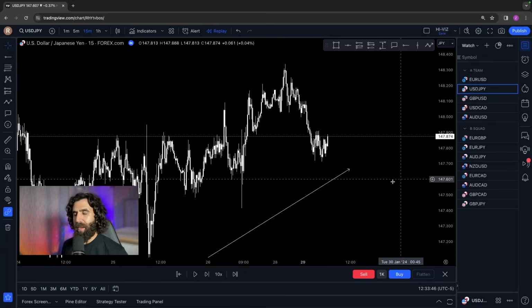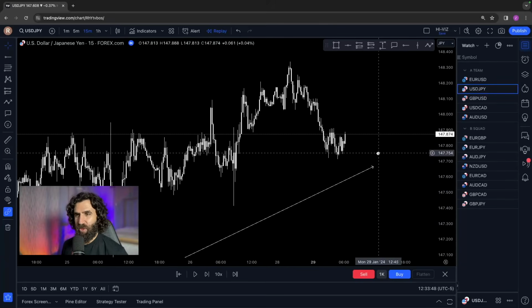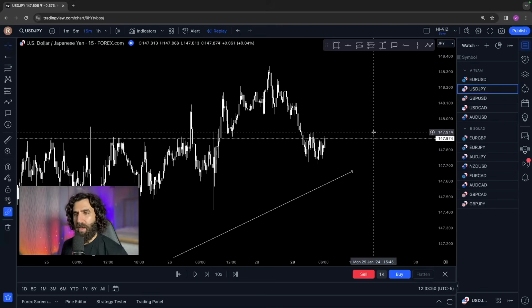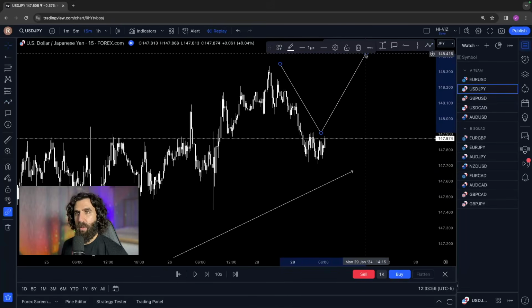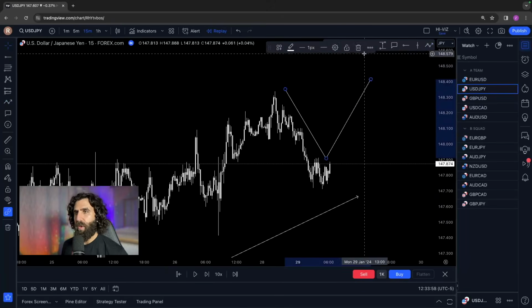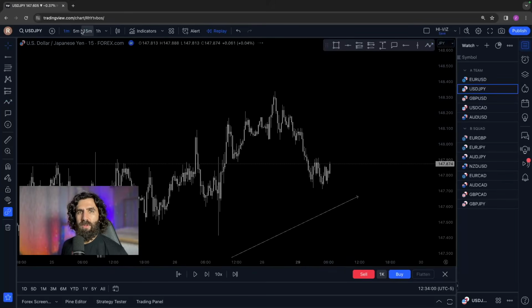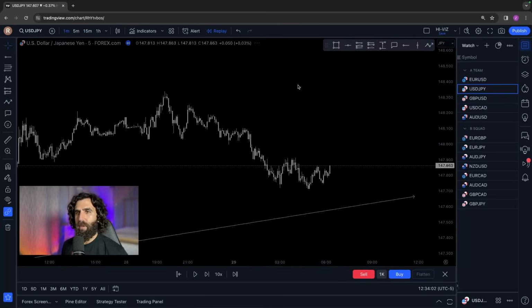And now I'm anticipating maybe that this trend upwards is going to continue and it's going to push through on lower time frames. We saw a pullback here, and now I believe we're likely to see this continue up and form a new high. So we're going to drop down to the 1 minute.